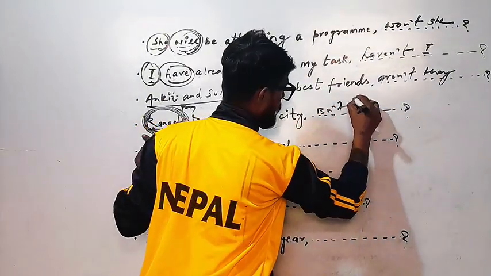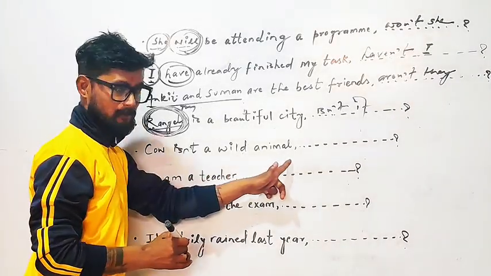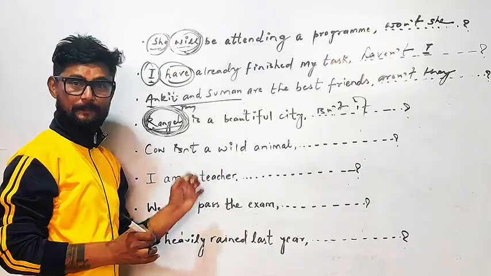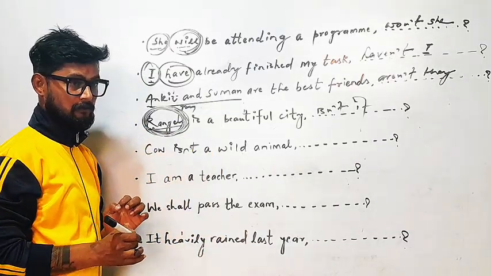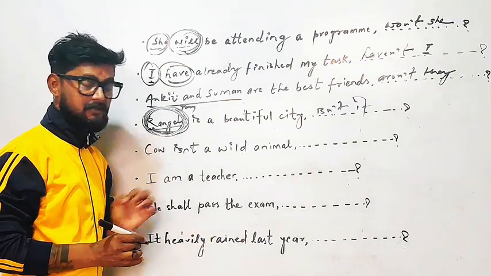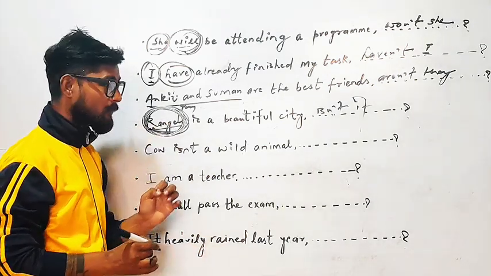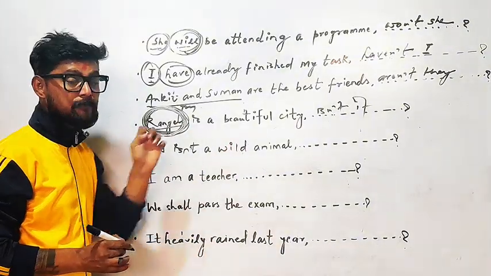Isn't it? Question mark. And cow isn't a wild animal. As we have discussed before, if the statement is positive, the tag is negative. If the statement is negative, the tag is positive.